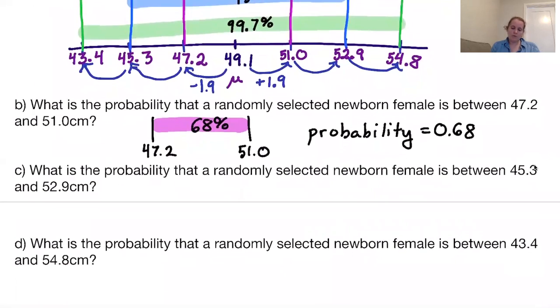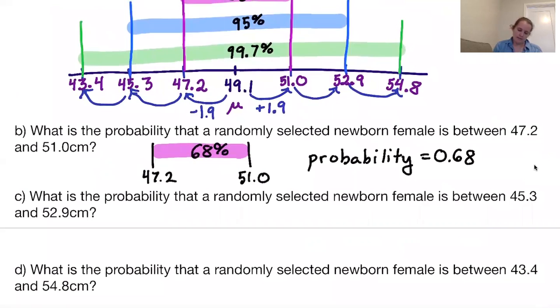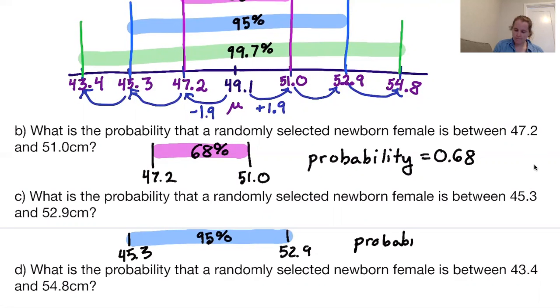If we now look between 45.3 and 52.9, that is precisely the blue region that I highlighted. So that is 95% of the data, or a probability 0.95.